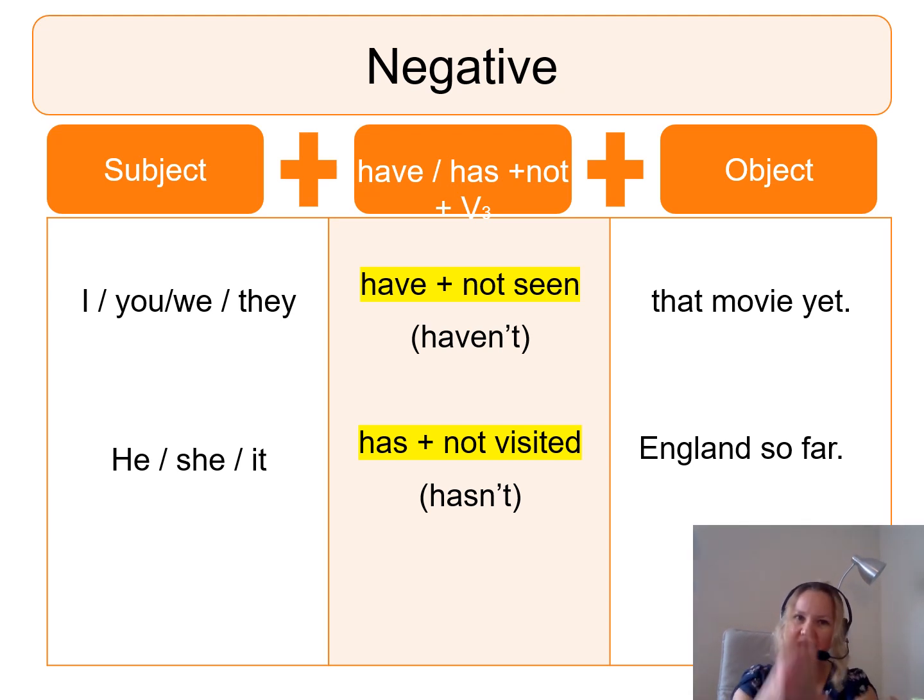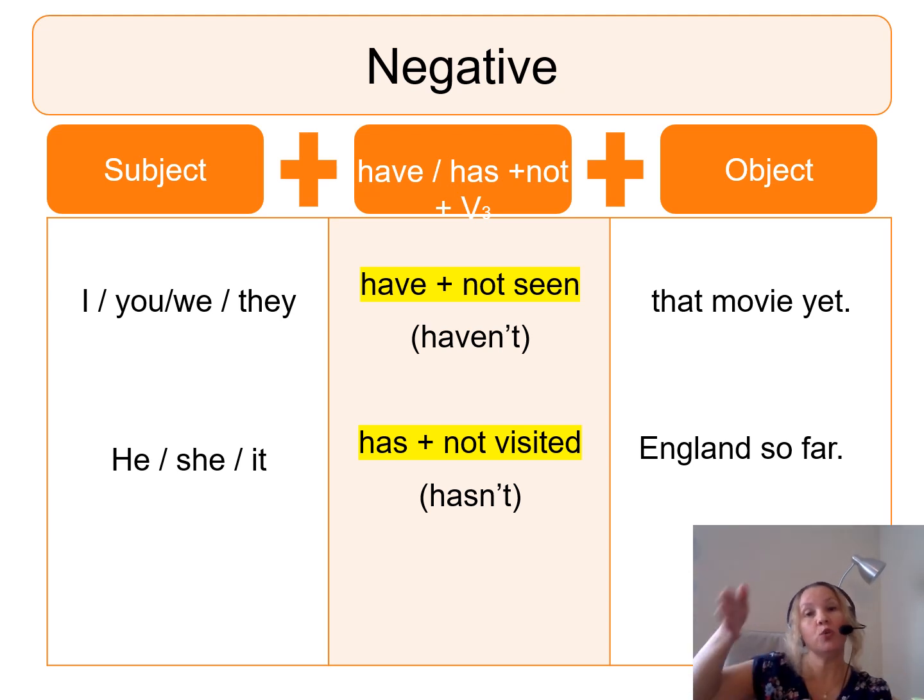But after have and has, put not. Okay, so when we contract it, it's haven't, I haven't, she hasn't. So have not seen becomes haven't seen.